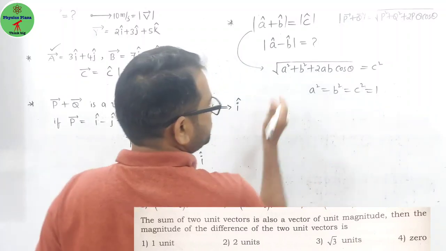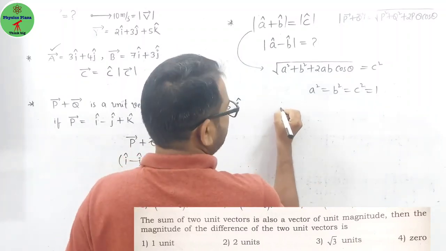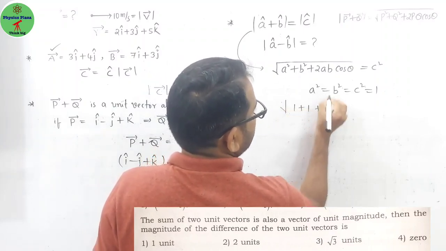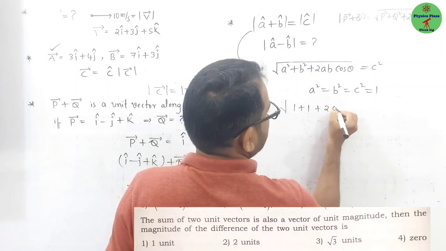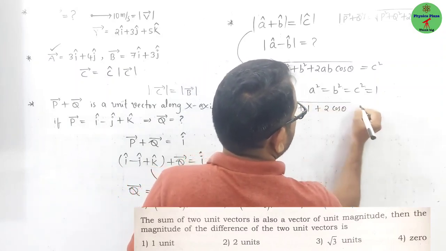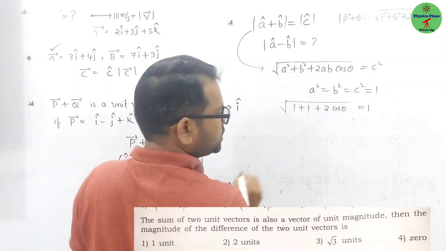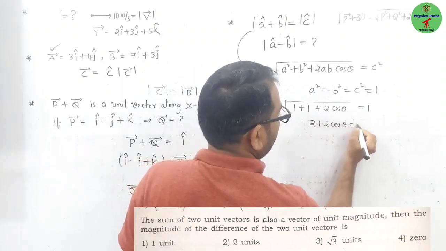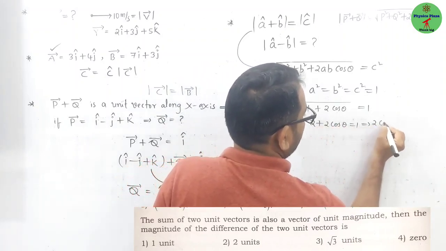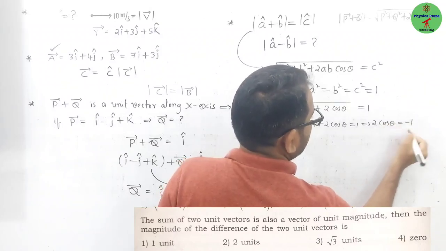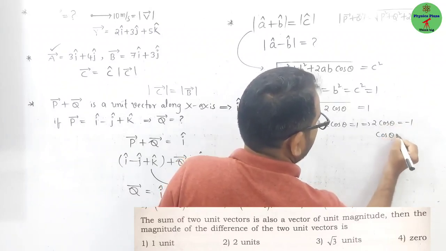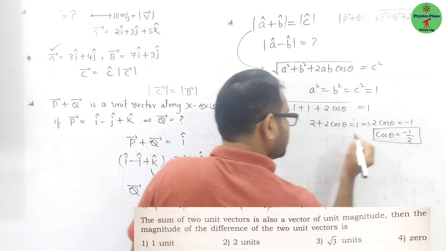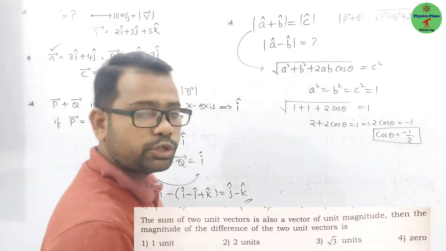So let us substitute here. 1 plus 1 plus 2 into 1 into 1, 2 cos theta is equal to 1. Now square on both sides. This will be 2 plus 2 cos theta is equal to 1, and here 2 cos theta is equal to minus 1, and cos theta is equal to, children, minus 1 by 2. Just keep this aside. So we got cos theta is equal to minus 1 by 2.